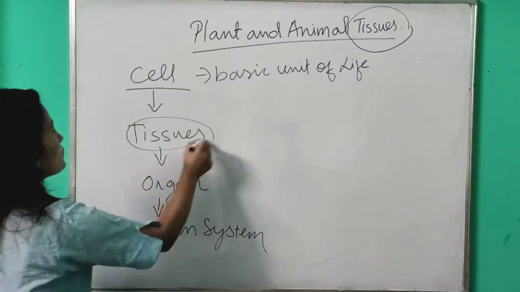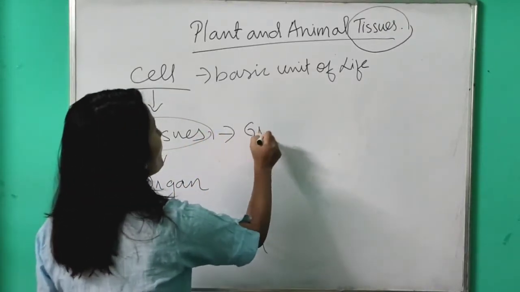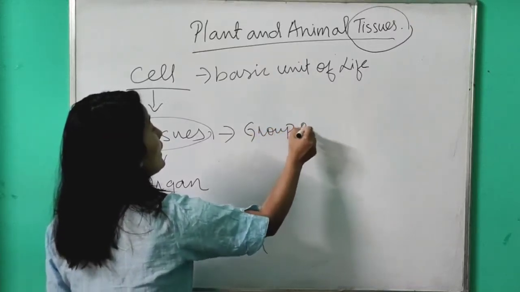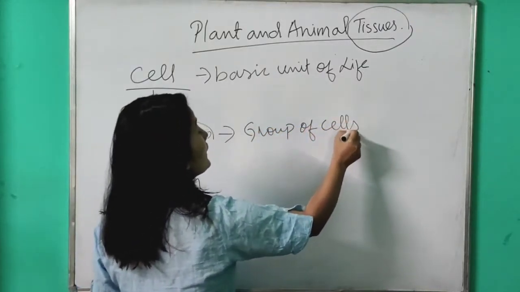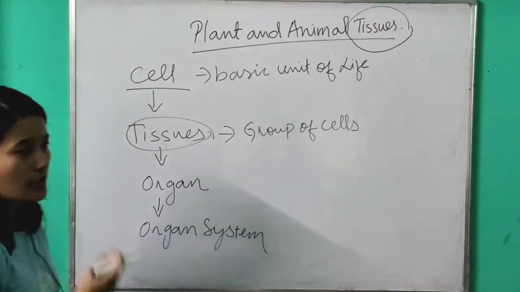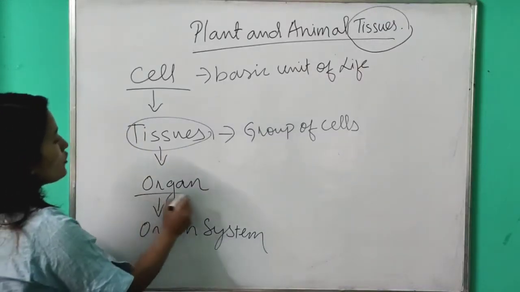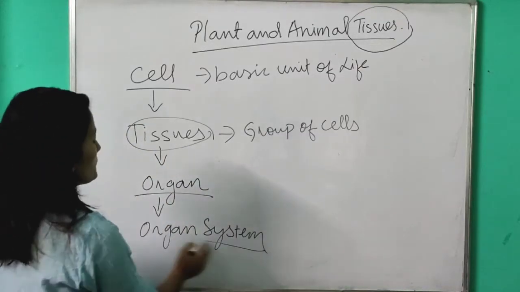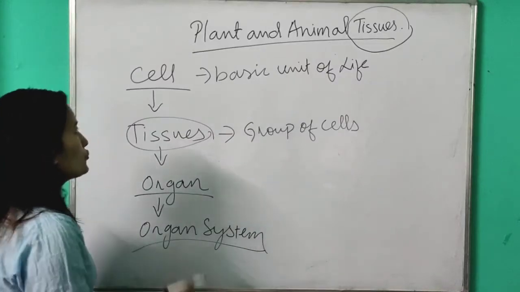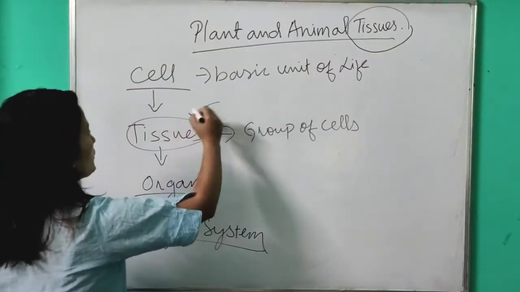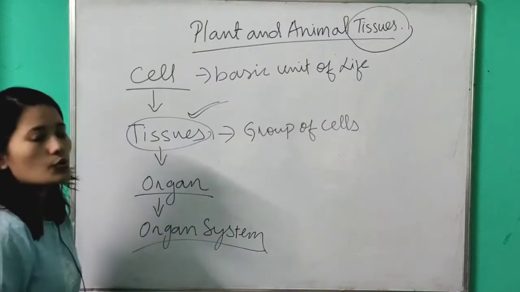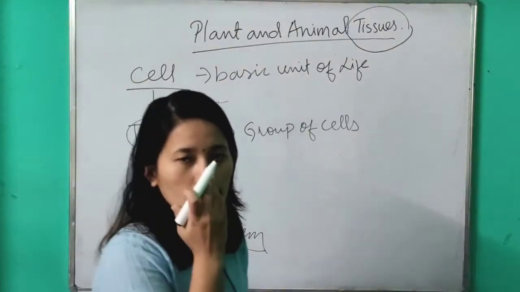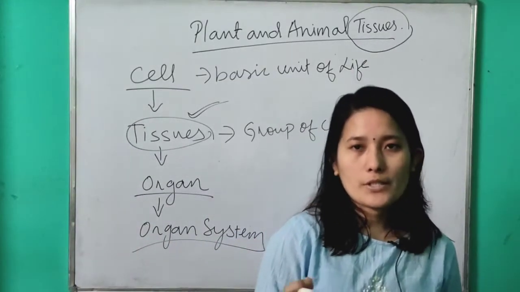Tissues are a group of cells that perform similar function, and a group of tissues is called an organ, and many organs form the organ system. So in this chapter we will be focusing only on tissues. I hope you understood what is tissue. It's a group of cells which perform a similar function.